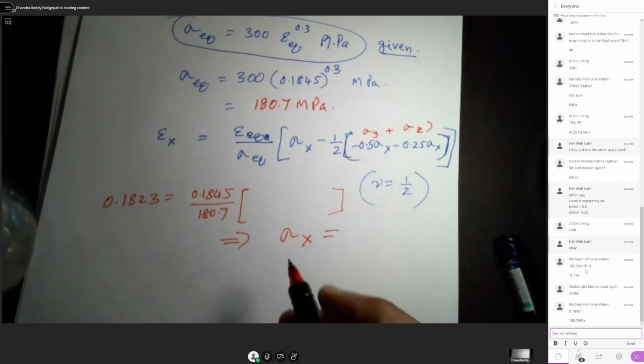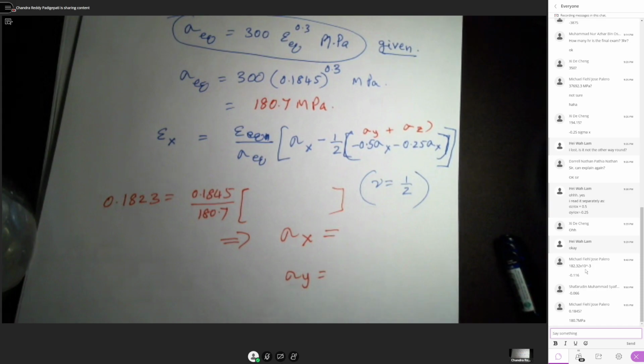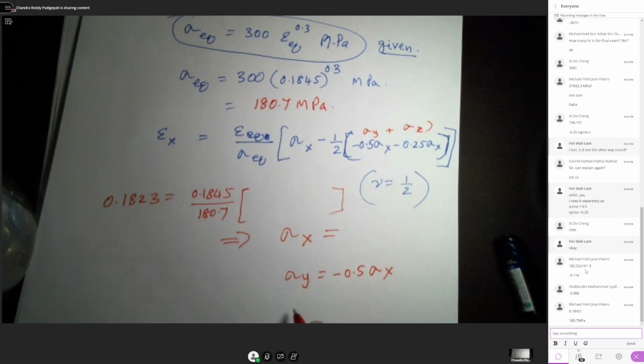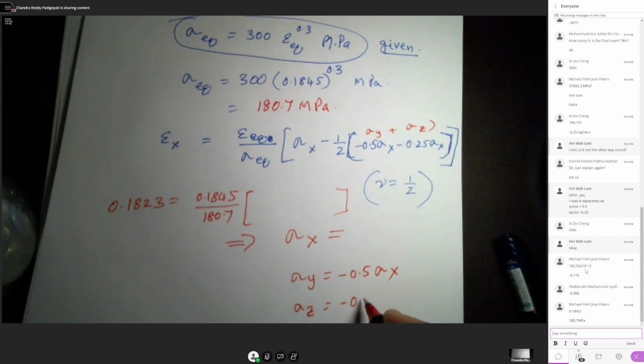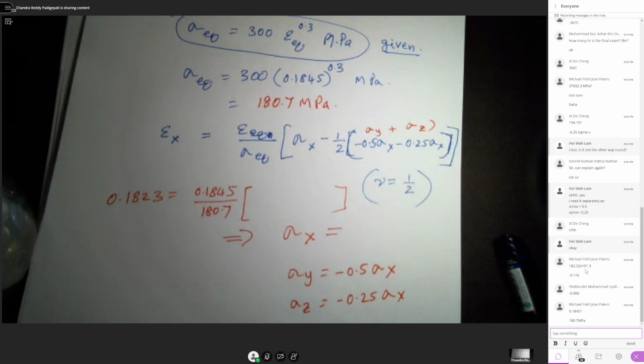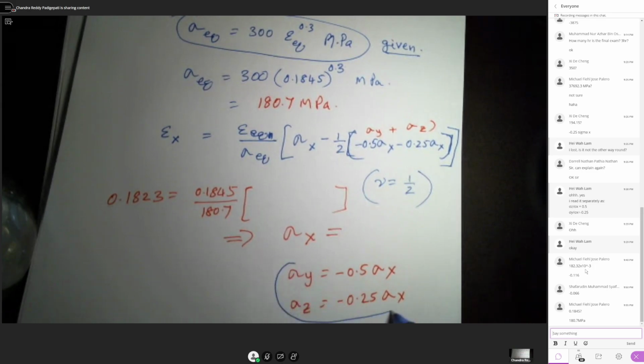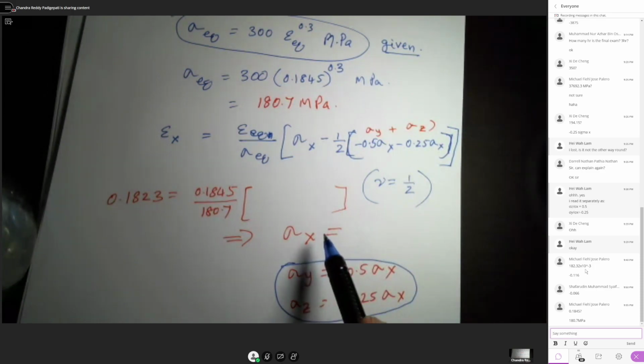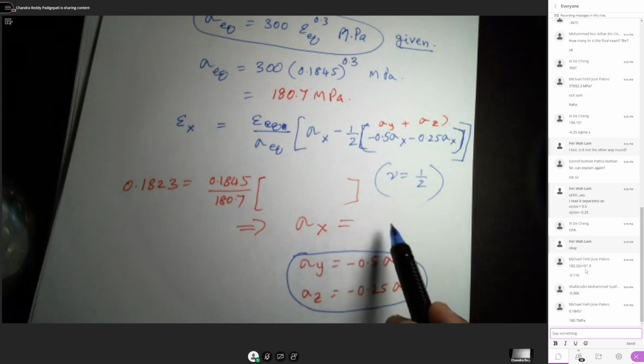Once you know sigma x, you can calculate sigma y based on the relationships we calculated earlier. Can someone calculate sigma x and let me know?